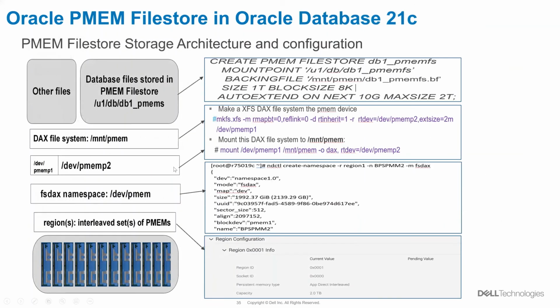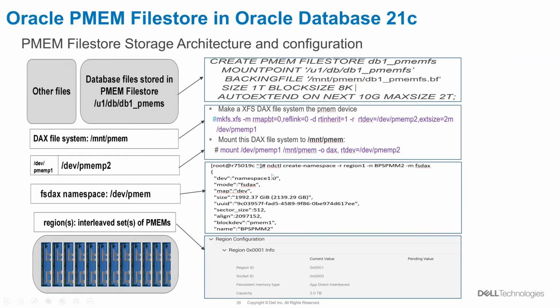So this basically shows you how we actually do it. It's a lot of detail, and we're actually going to write a paper about that. So basically, when you configure this PMem, first you configure it at the system level. Then at the OS level you create this namespace.